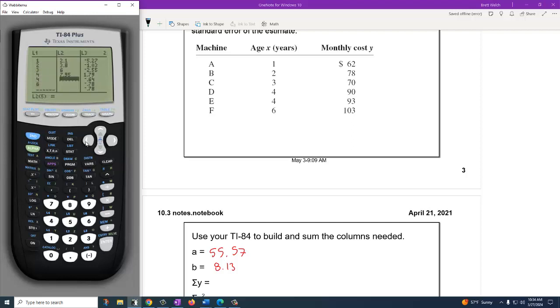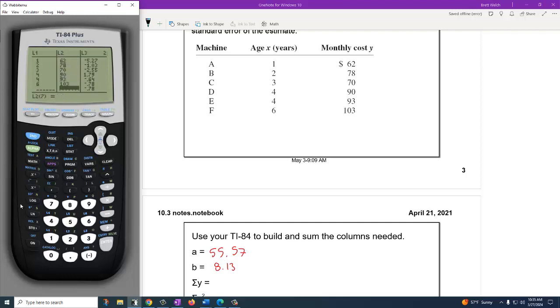And then in L2, I'm going to put in my y values, which are 62, 78, 70, 90, 93, and 103.